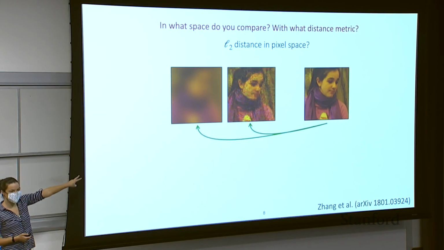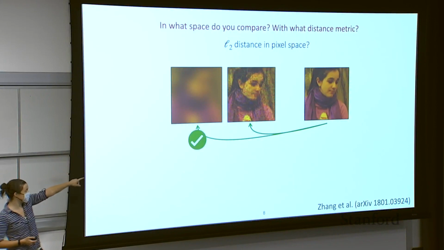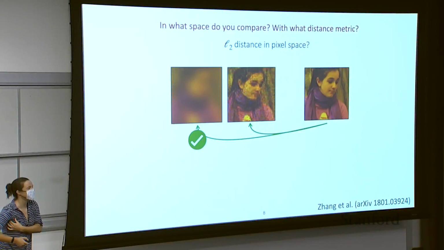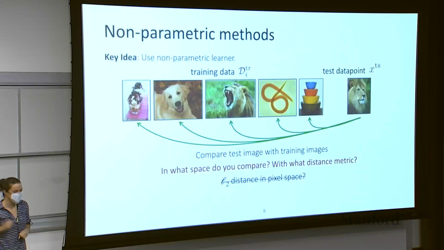L2 distance in pixel space will actually tell you that the image on the left is closer than the image on the right. This illustrates why L2 distance can be really terrible in image space, and it can be terrible in other spaces as well. So we probably shouldn't use L2 distance in pixel space.